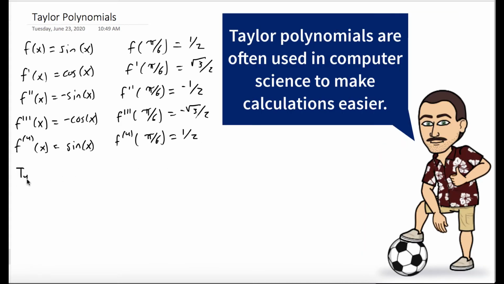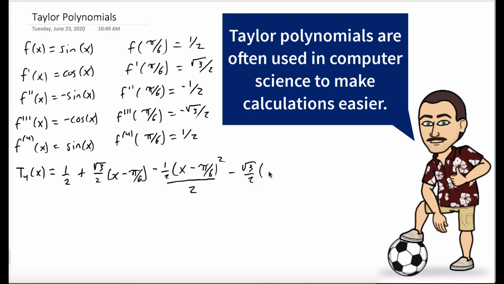So our degree 4 Taylor polynomial, which we denote T sub 4 of x, is equal to 1/2, our function evaluated at pi over 6, plus square root of 3 over 2 times x minus pi over 6 over 1 factorial, so we won't write that, minus 1/2 times x minus pi over 6 squared over 2 factorial, which is just 2, minus square root of 3 over 2 times x minus pi over 6 to the third over 3 factorial.